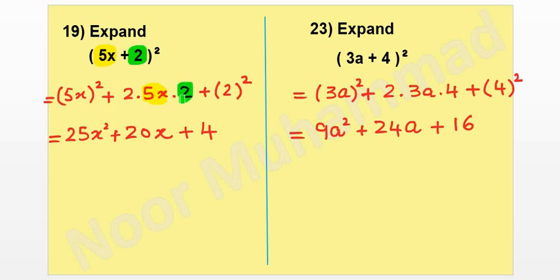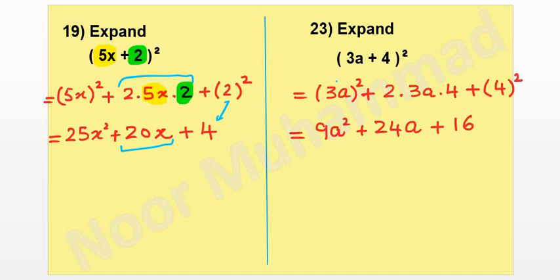So you will multiply it with 2 times 5x times 2 and then you will square the second term. And when we multiply these 3 together, it gives us 20x. And this one is 25x squared and this one will give us 4. The square of the 2 is 4.